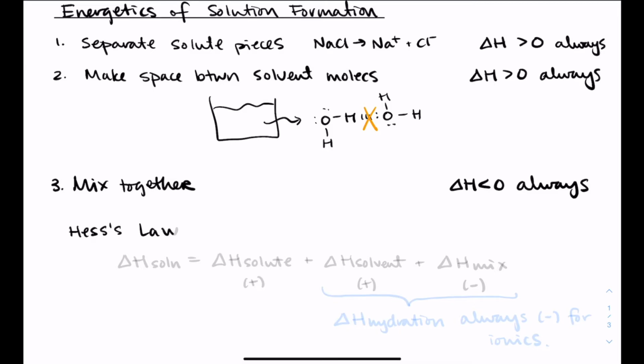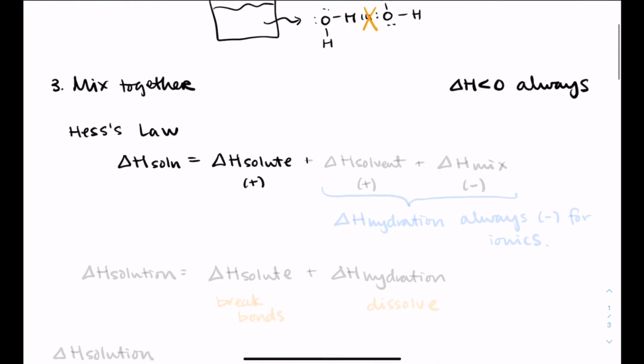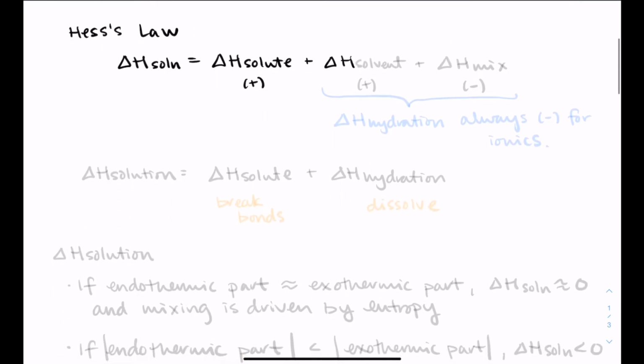Now, if we bring back our good friend Hess's law, this means that overall, a delta H solution, the change in enthalpy when I go from solvent and solute to solution, is the sum of these 3 steps.